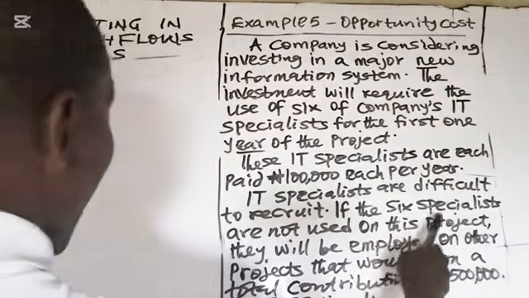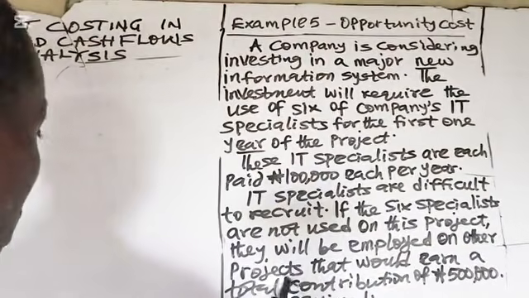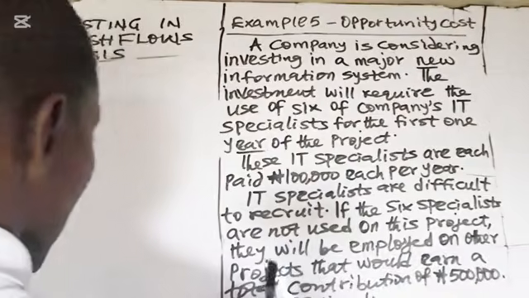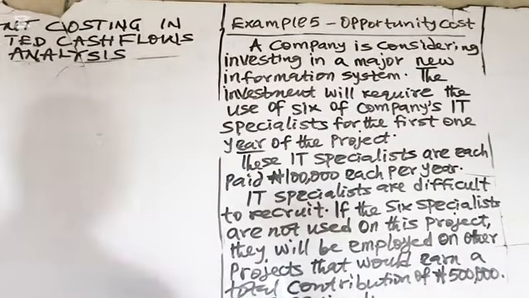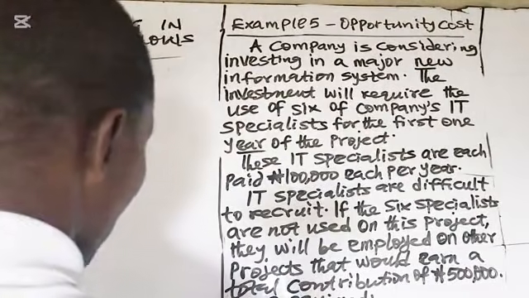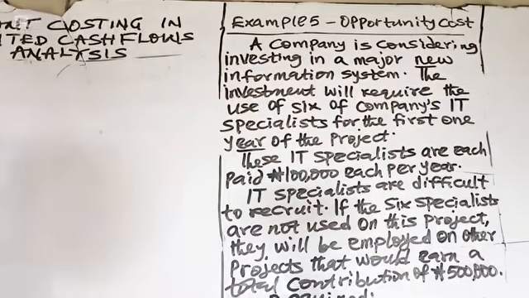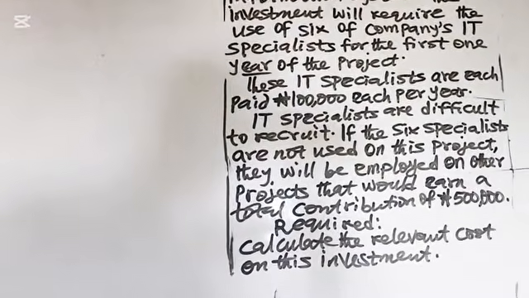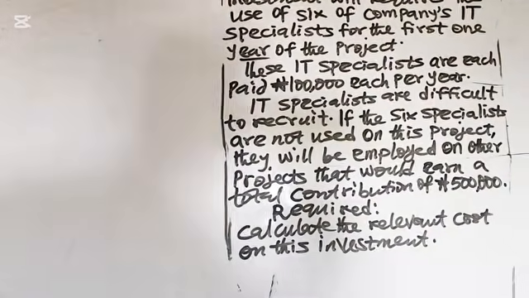If the 6 specialists are not used on this project, they will be employed on other projects that will earn a total contribution of 500,000 naira. Calculate the relevant costs of this investment. This question is obtained from the ICAN study text by Emile Woolf International.